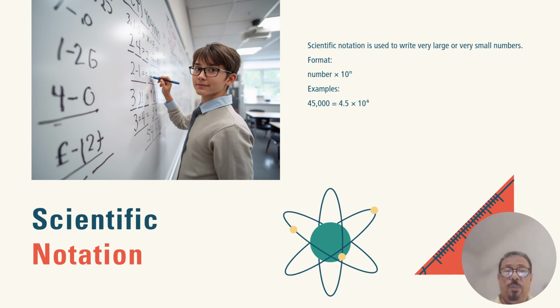It is written 4.5 times 10 to the power 4. Why 4? Let us see here. 45,000, we assume the decimal point here, so we move it 1, 2, 3, 4. We move it from right to left, so it is positive, 4 places.